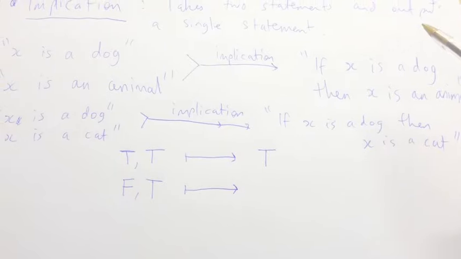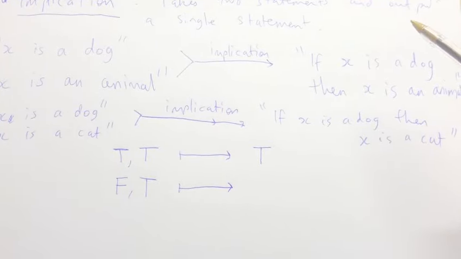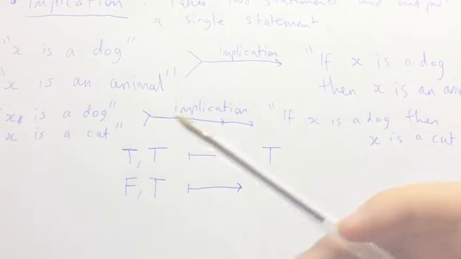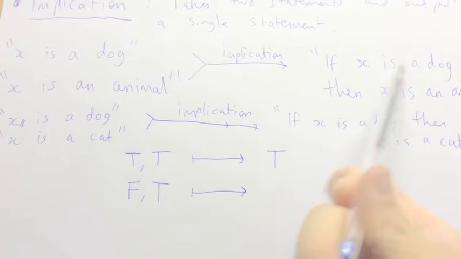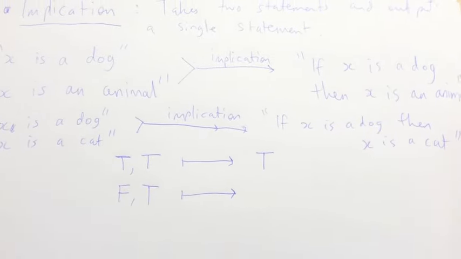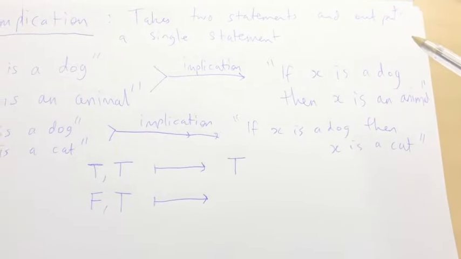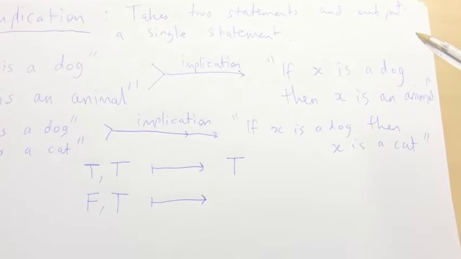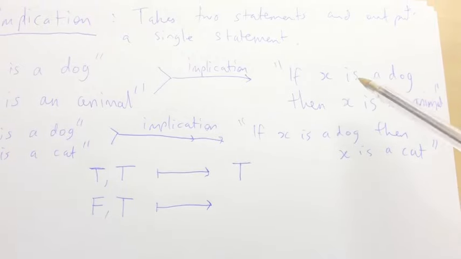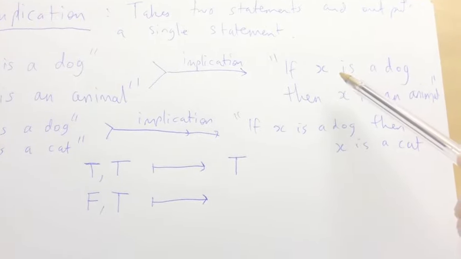And we're trying to say the statement, if a flower is a dog, then it is an animal. And it's true because it's not a dog, and therefore it's under no obligation to be an animal.